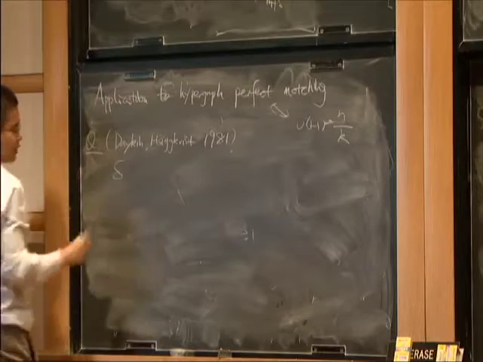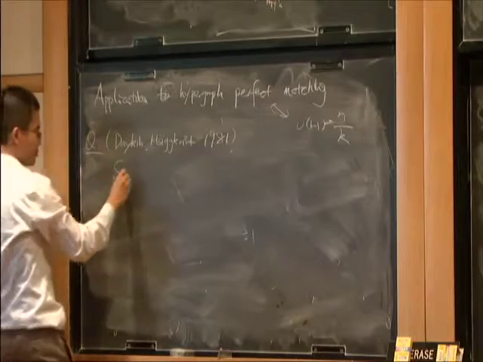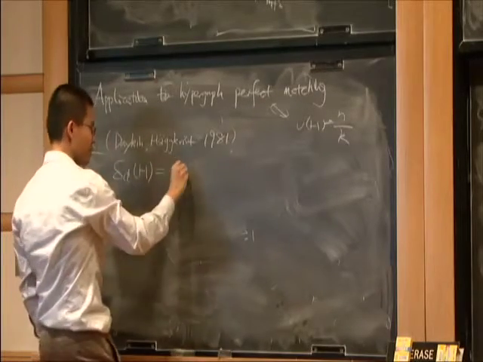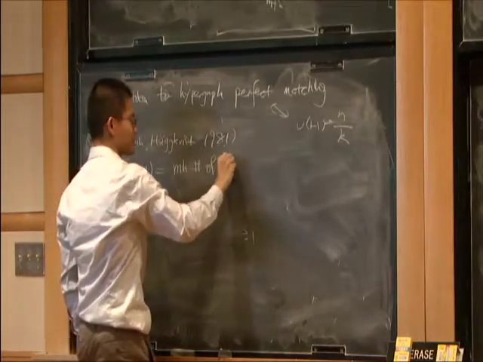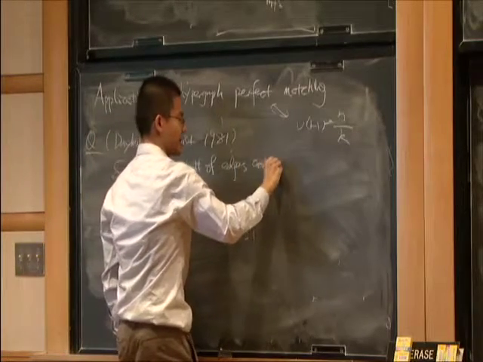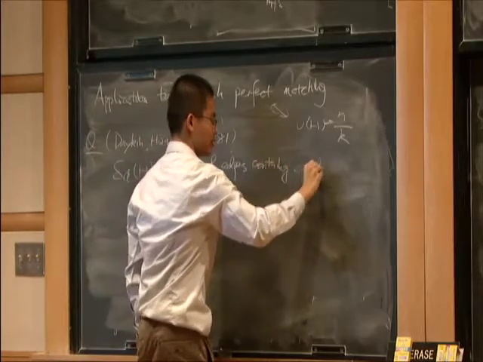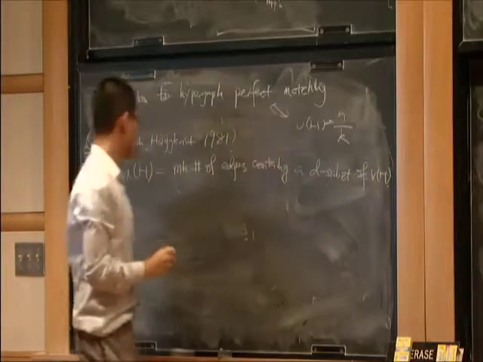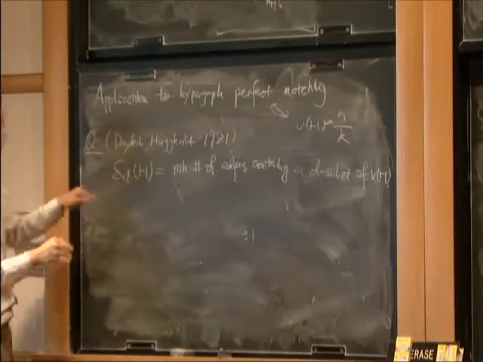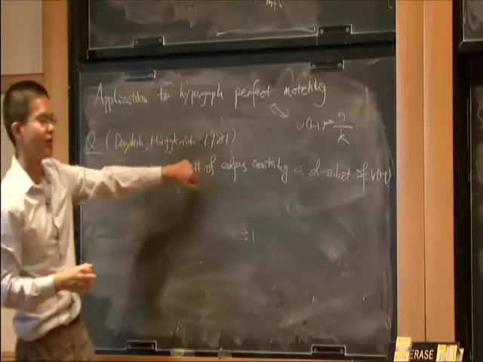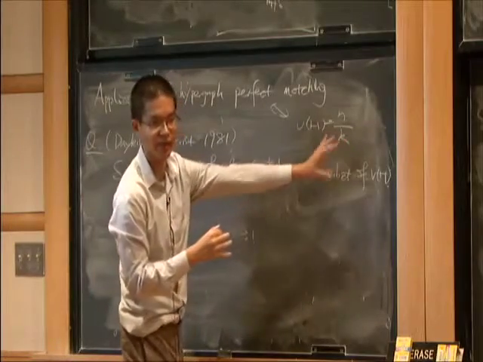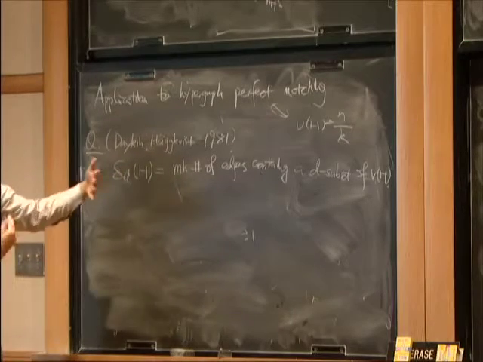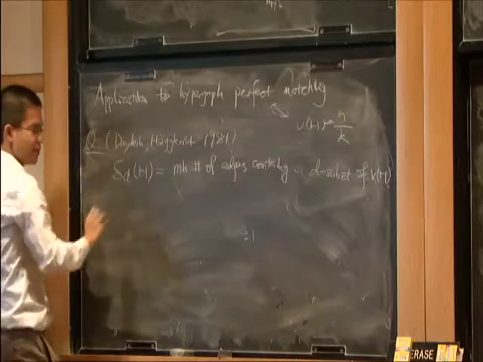First we define the minimum d-degree of the hypergraph H to be the minimum number of edges containing a d-subset of the vertex set. Let me explain this definition. For example, if you take d equals 1, it's just the minimum number of edges containing a singleton of the vertex set, so it's just the minimum degree. If you let d equals 2, it's just the minimum co-degree. So it's nothing fancy.